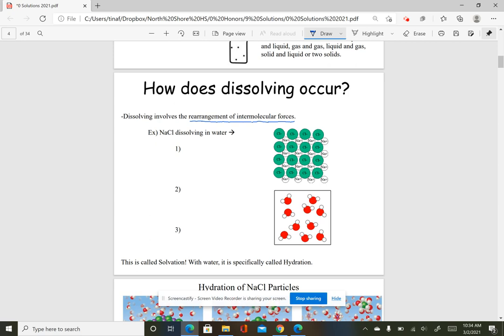So the first thing that happens when you drop NaCl into water is the NaCl, we're going to use a new word today, dissociates. And that means breaks apart into Na and Cl ions.